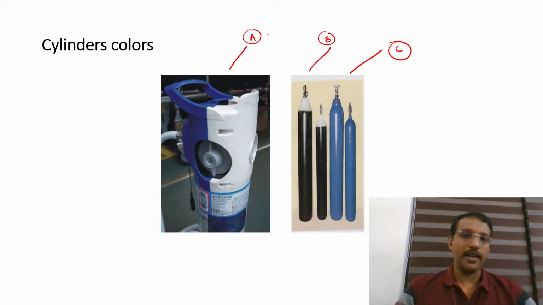A, the capital A. The point you need to remember is this cylinder has a body which is blue in color and has a shoulder which is half quadrant blue, half quadrant white. Blue and white.